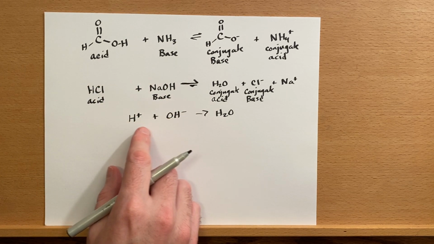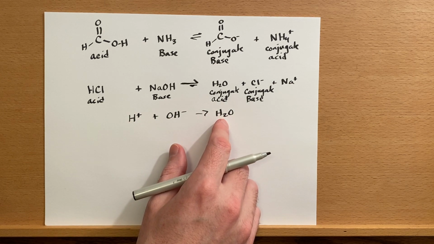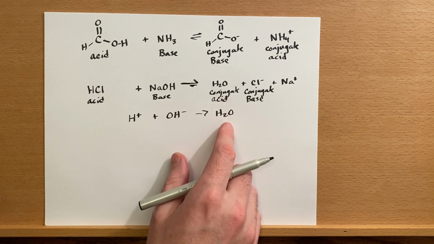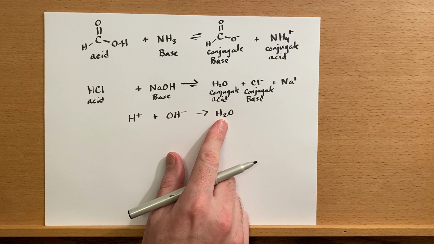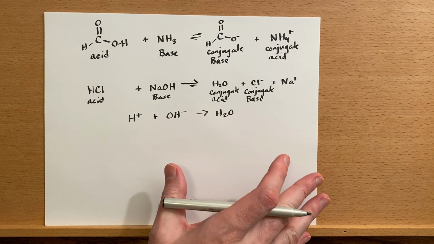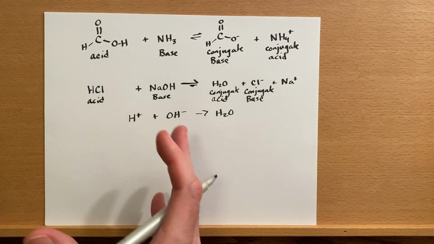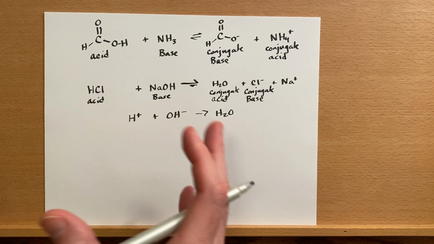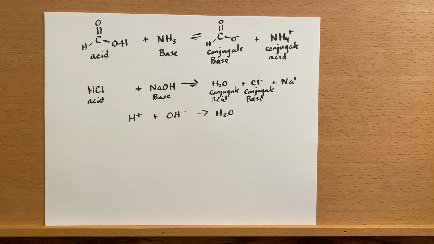And so really the only ions that would matter in this case are H plus and OH minus, making water. And water is generally considered to be a neutral species. It's not an acid or a base, just on its own. If something else interacts with it, then it could become an acid or a base, as we saw earlier in this video.